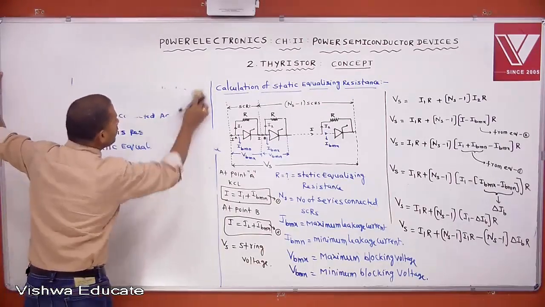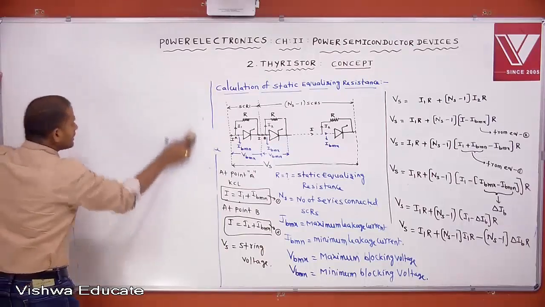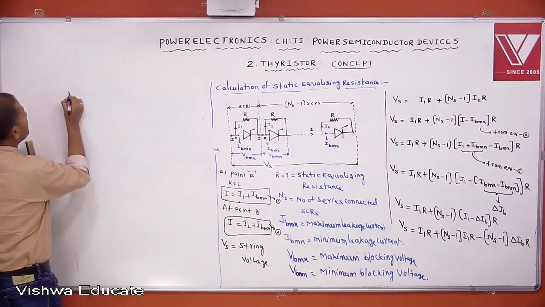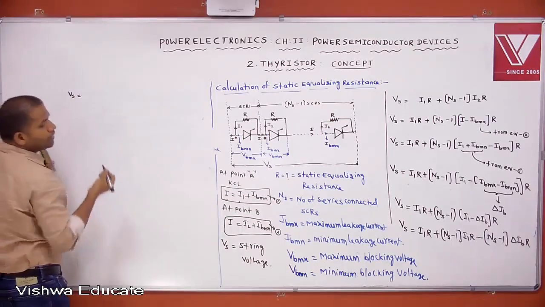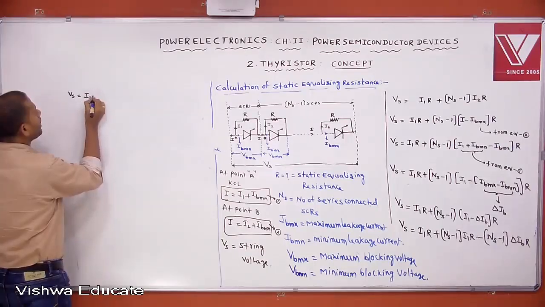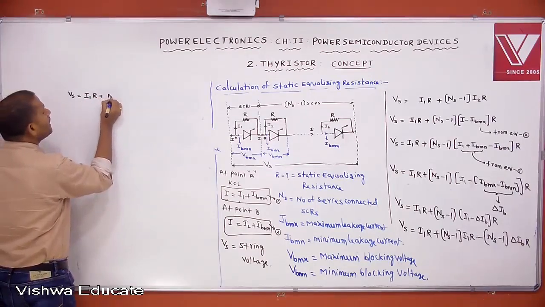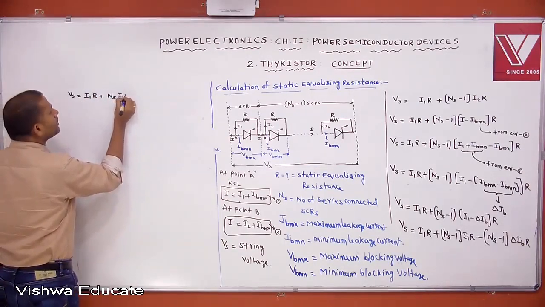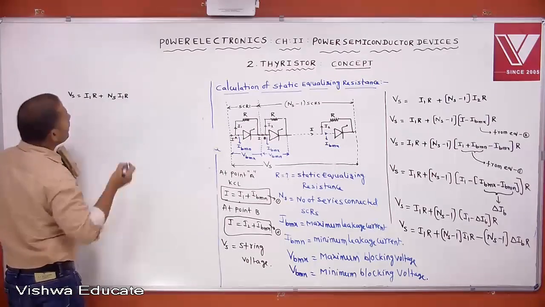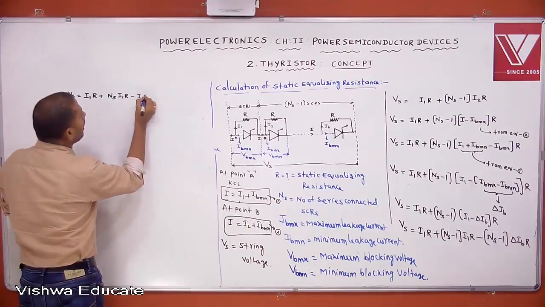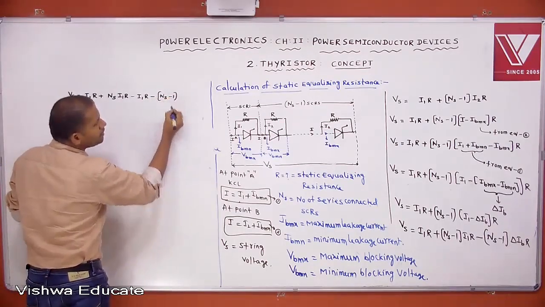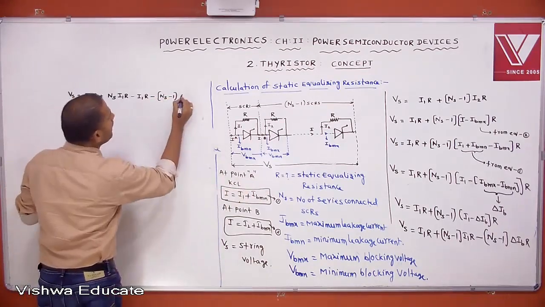I am doing this calculation to find the static equalizing resistance. Now from this, what is the total string voltage? Shall I write it like this: I1 into R plus Ns into I1 into R, where Ns is the number of series connected SCRs, minus I1 into R minus Ns minus 1 into delta IB into R.